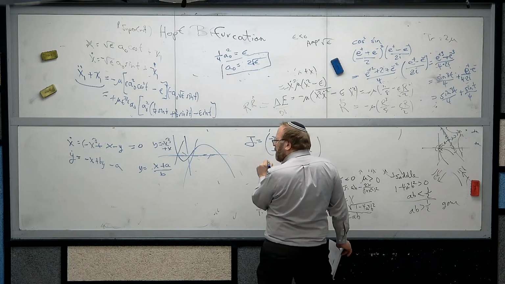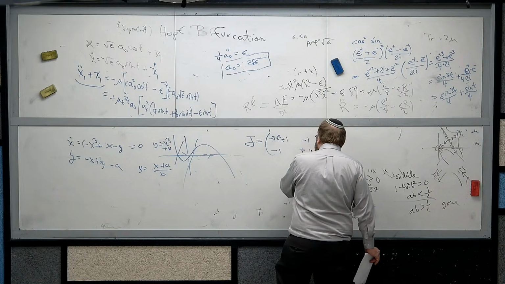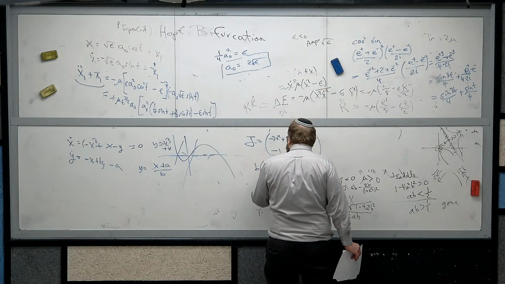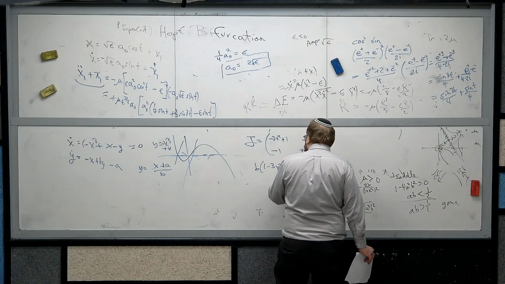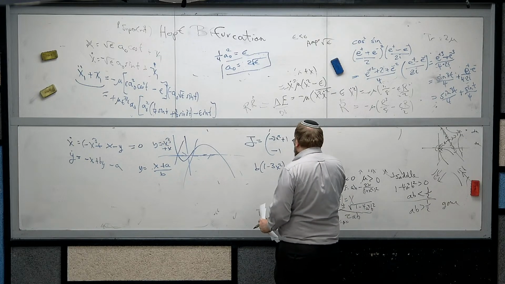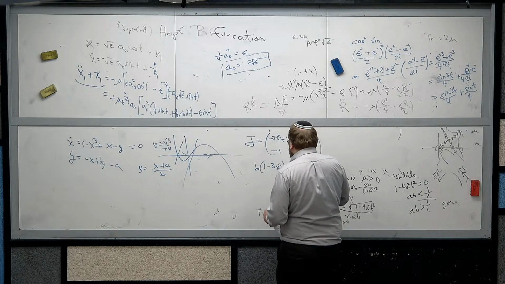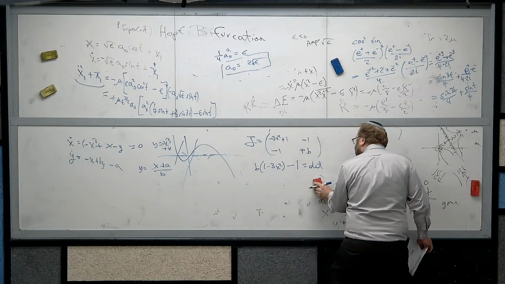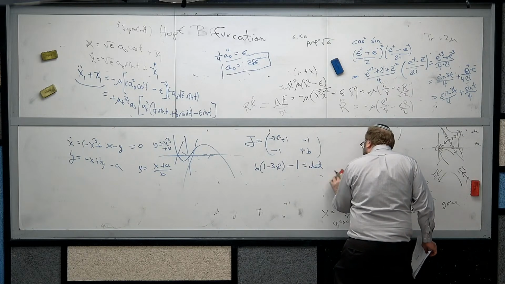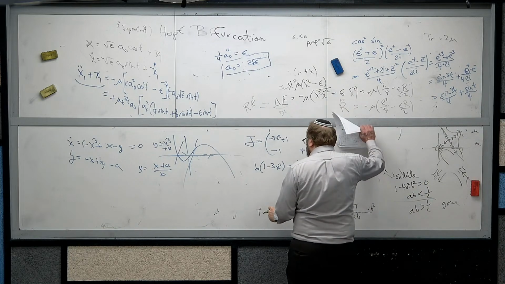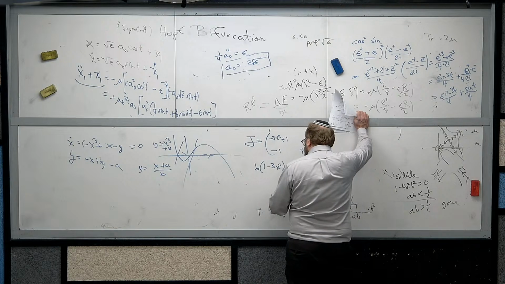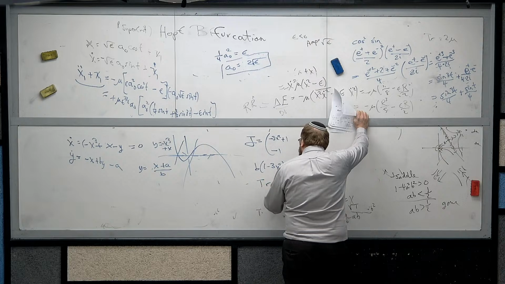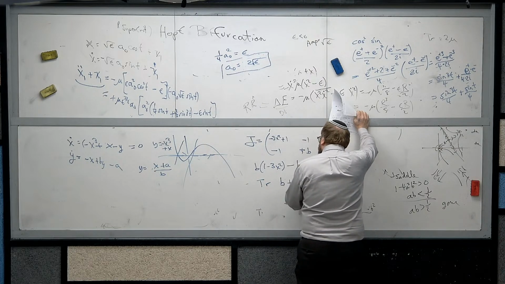B. It's only B. All right, so this is b times 1 minus 3x squared plus 1, minus minus 1, is the determinant. And the trace is b plus 1 minus 3x squared.